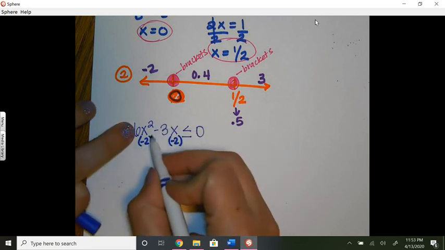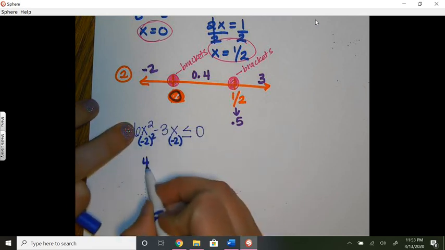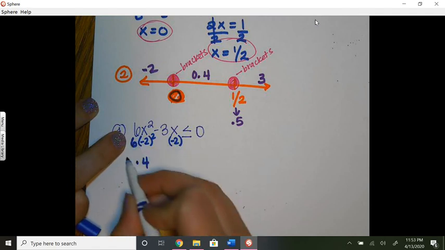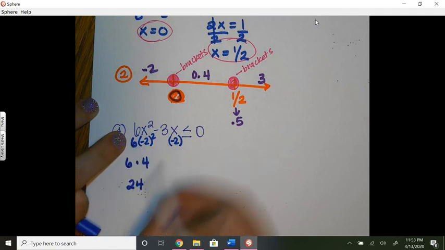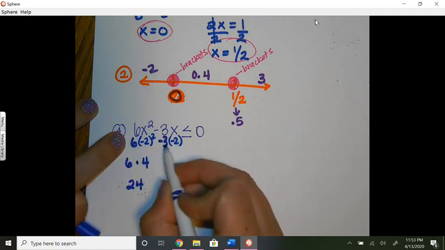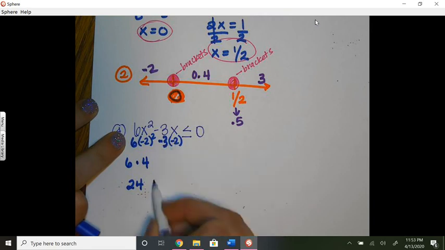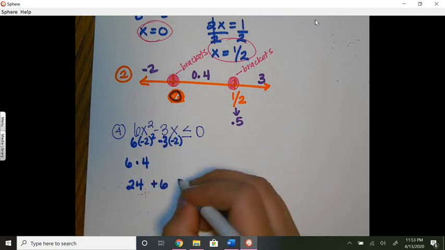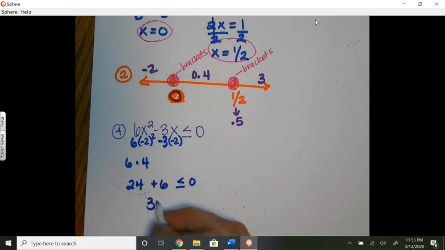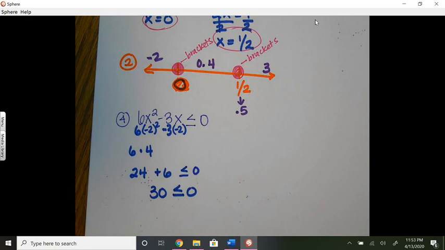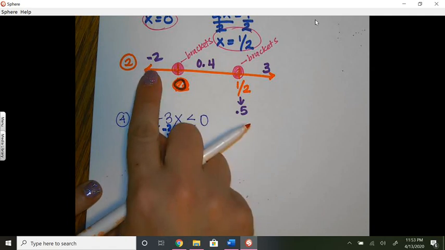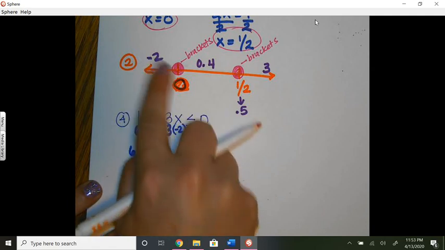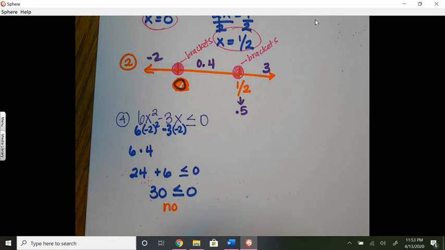We're going to do exponents first, so that's 4, and then bring down the 6. So that's 24 there. And then we have -3 times -2, that's +6. And then we get 30 is less than or equal to 0, and that is not true. No, 30 should be greater. So because it's no, we're not going to shade over here. So that means none of these numbers over here would work.